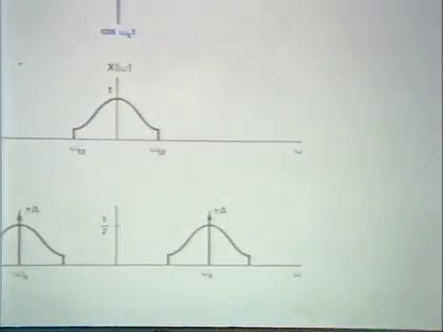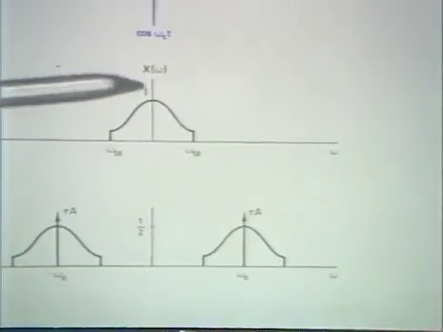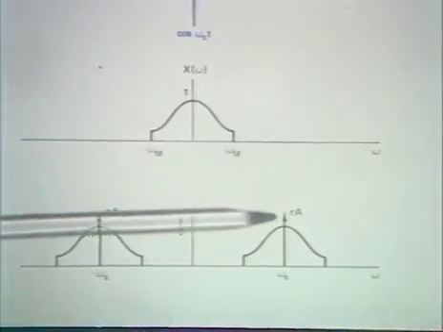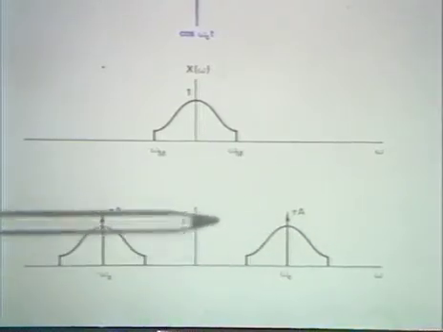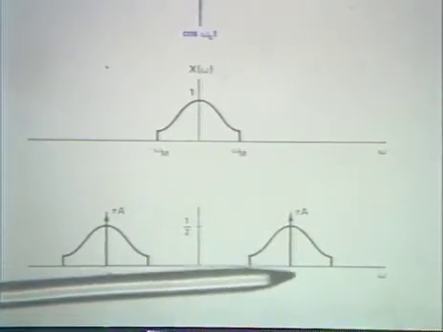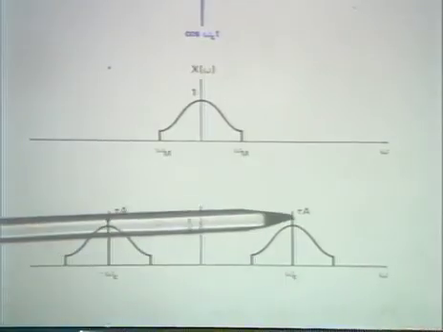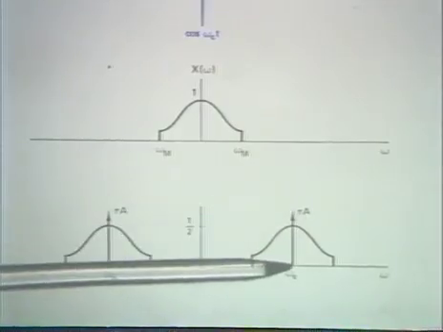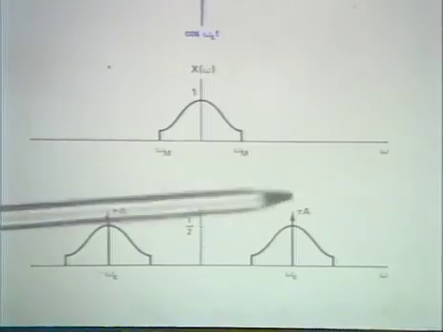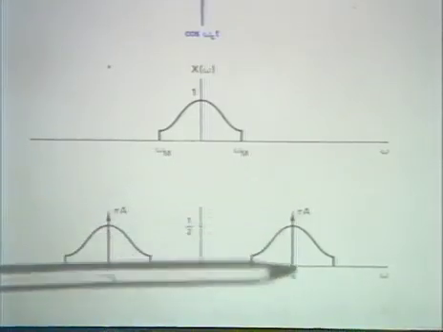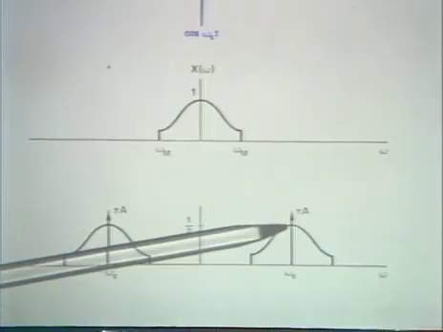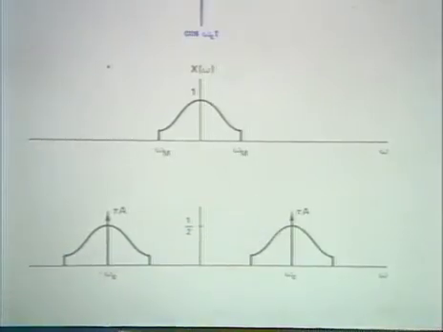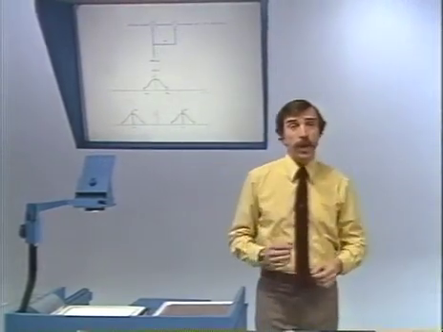If we look in the frequency domain, here is our original spectrum. Here is the spectrum at the output of the modulator, and the impulse that occurs here corresponds to the carrier that's injected. The larger A is, the more carrier is injected. The more carrier that's injected, the easier it is for the envelope detector to demodulate. So one can ask, well, why not just put a lot in?